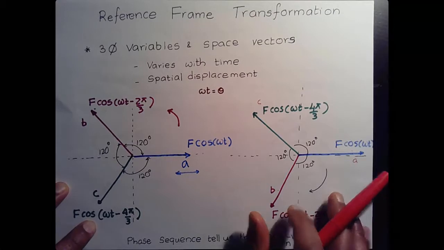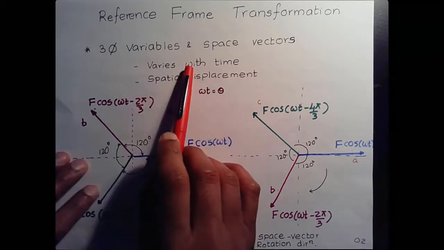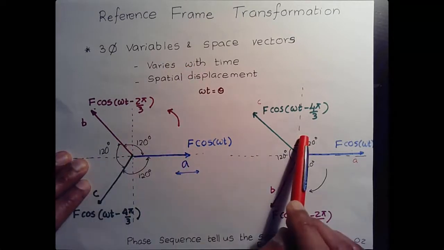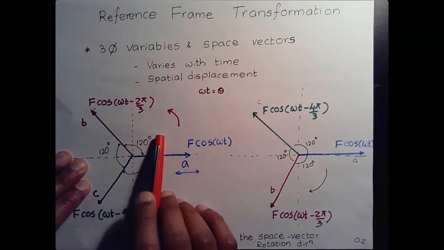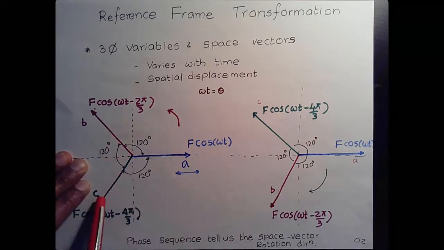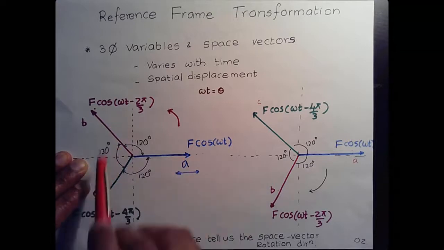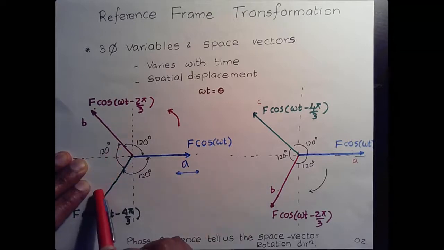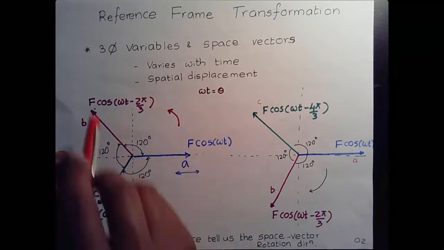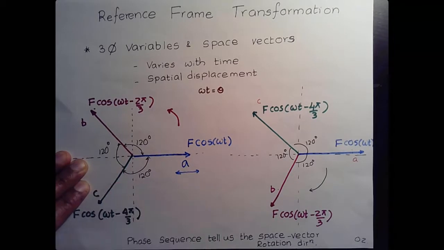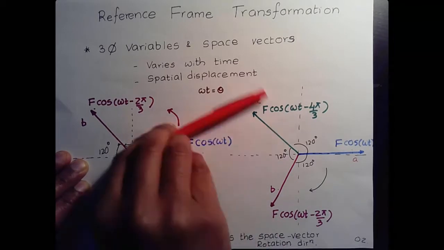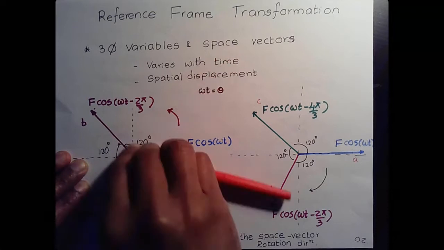When you look at reference frame transformation, depending on what material you look at, you're going to see two primary directions or phase sequences, or arrangements, of the three phases. With one combination, you have the space vector rotating in the counterclockwise direction, like that.